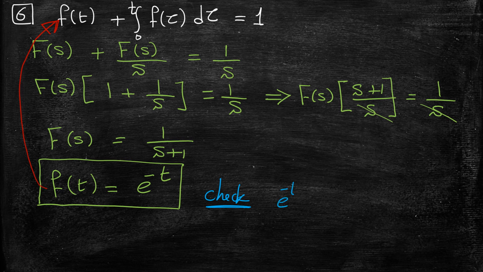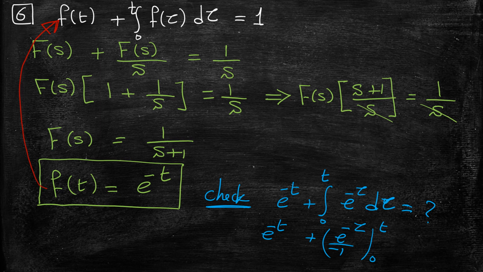So we have e power minus t, and you have integration from 0 to t of e power minus tau d tau, and we need to check the value of this whole left-hand side. So this will be e power minus t. The integration will be e power minus tau divided by minus 1, substituting by 0 and t.